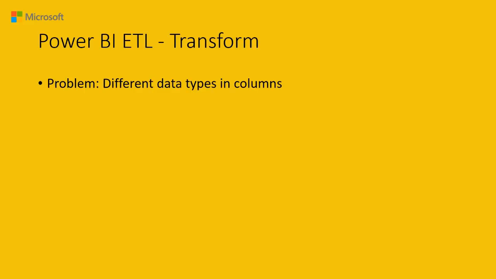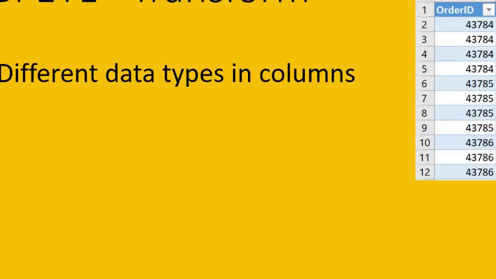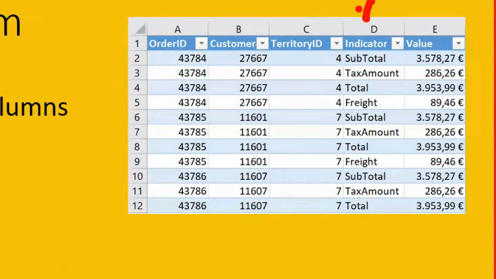Okay, let's see. For example, we could find this kind of problem. In this case, we have different data types and values, and we are using column D for 4 elements and column E for the values of these elements: subtotal, total amount, total, and freight.